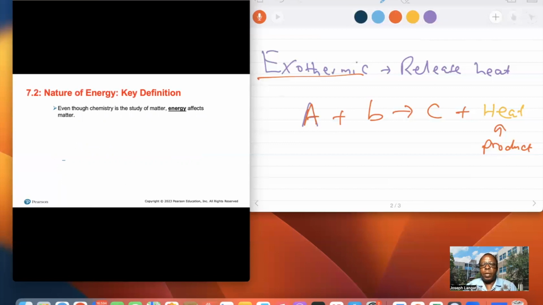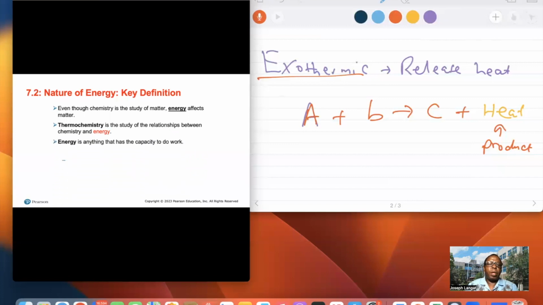That means it will affect its physical state. If you increase the temperature of any substance beyond its vaporization point, it will change from one state to another. So we know energy also affects matter.